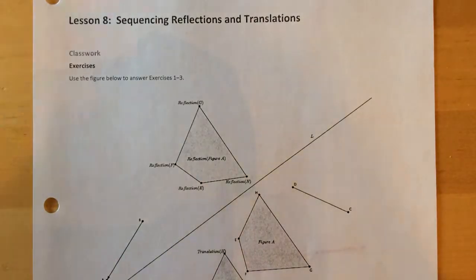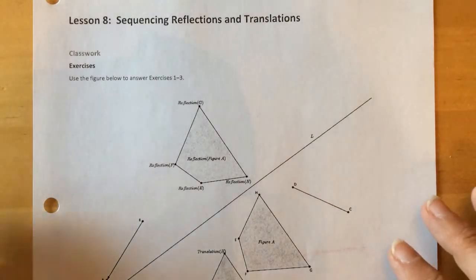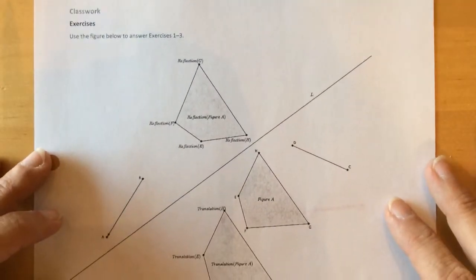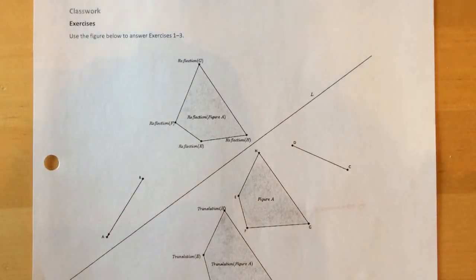If you do it in a different order, you will get a different image. And so we're going to look at that, and what I'd like you to do is look at exercises 1 through 3 and work on those on your own for just a minute.